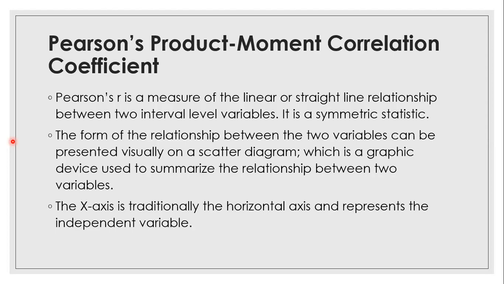The form of the relationship between the two variables can be presented visually on a scatter diagram. This is the first thing we usually do to test for linearity. The first question we ask is, can we use the correlation coefficient? In order to answer that question, you plot a scatter diagram.